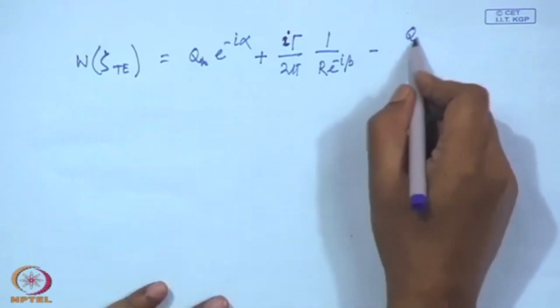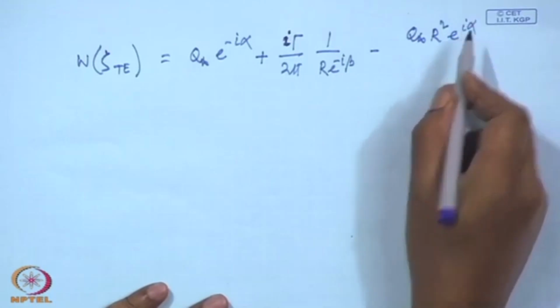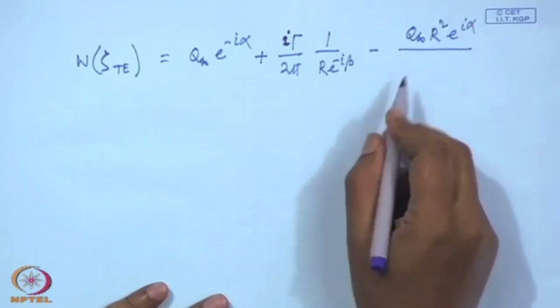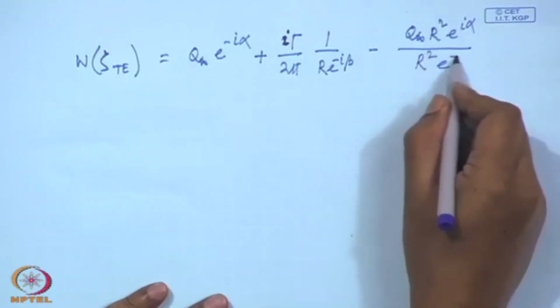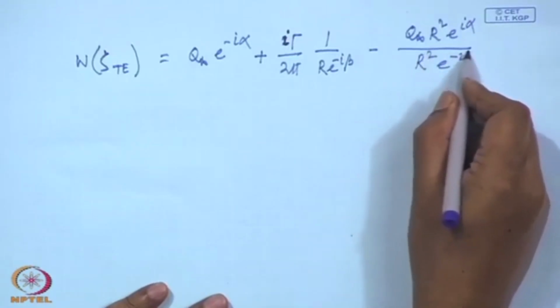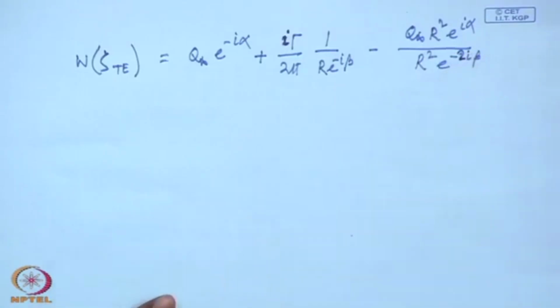Okay, write everything: q infinity r square e to the power i alpha, r square e to the power minus 2 i beta. Now, according to the Kutta condition, this is 0.